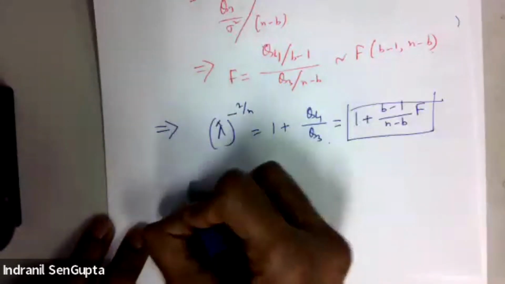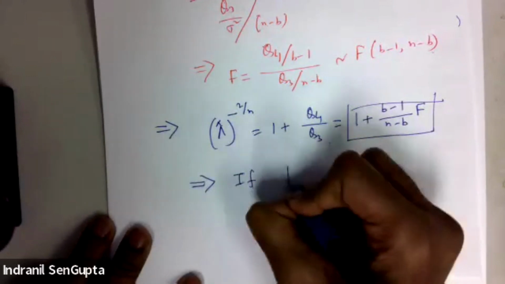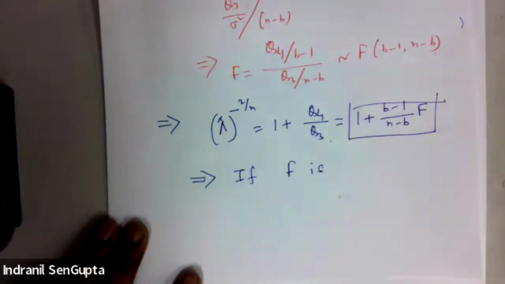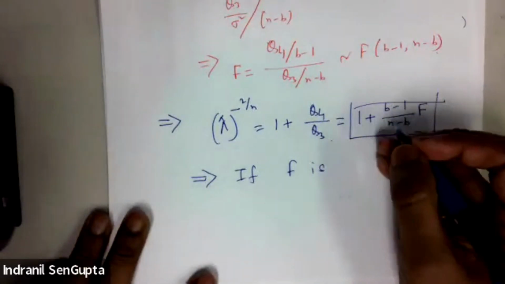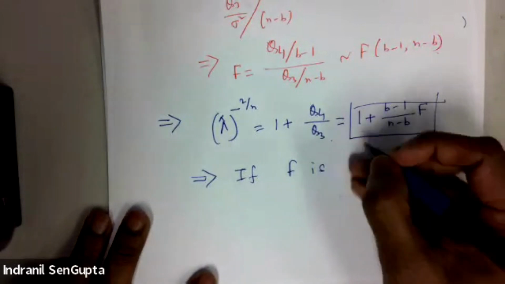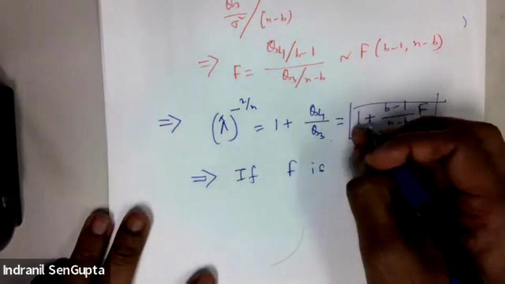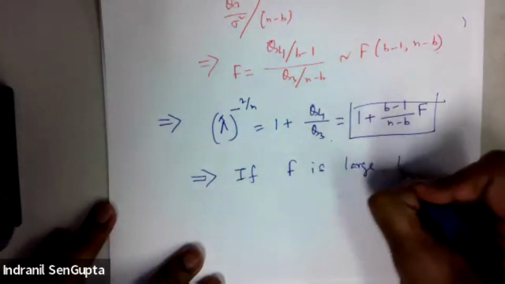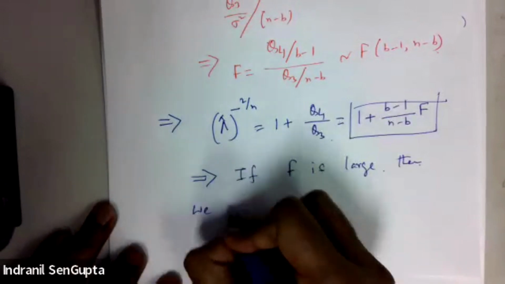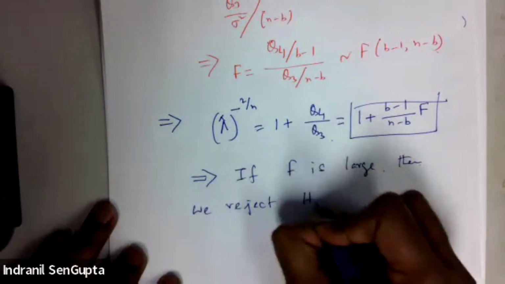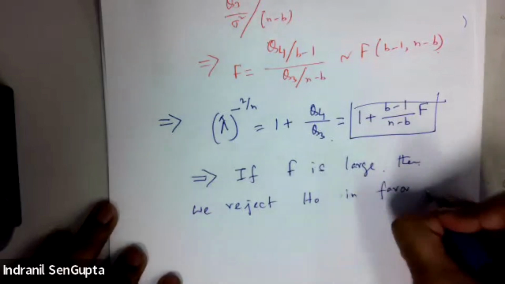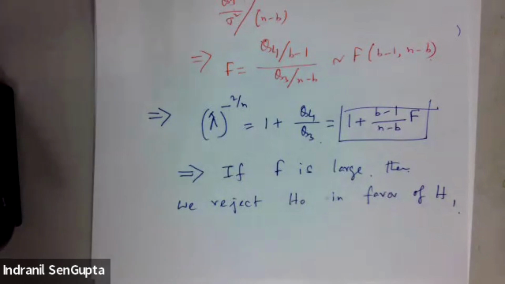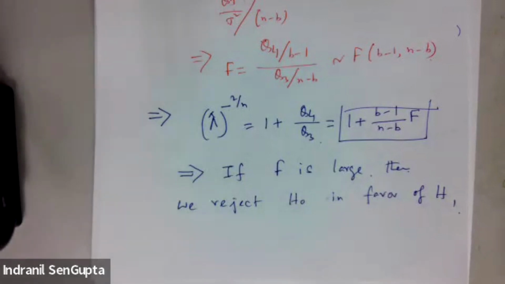So that means if F is large, or too large, then we reject H0 in favor of H1. So that is the practice, and that is how we'll be doing it.